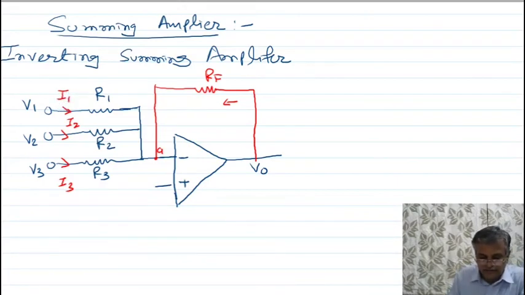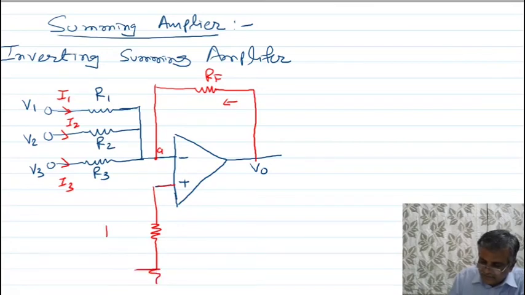These are all voltages with respect to ground: V1, V2, V3 with respect to ground. And here are compensating resistors, which you must know, you studied in the last semester.